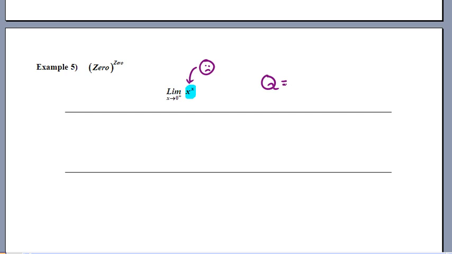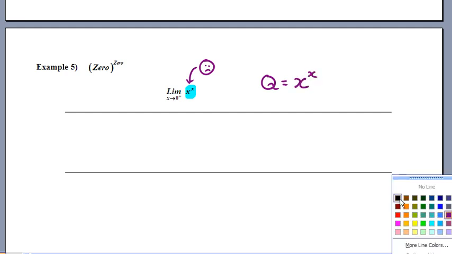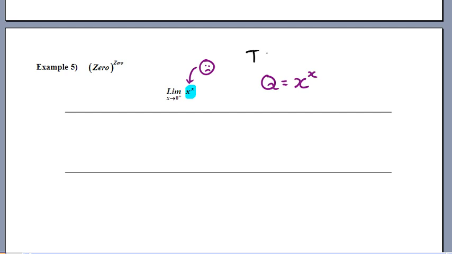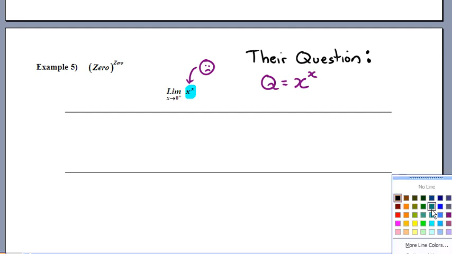So here's their question. They're saying, could you do the limit of x to the x? And then we're going to actually try a different question out that'll be easier, and then we'll come back to their question. But their question is, can you do the limit of this thing called Q? Here's our general plan with this.